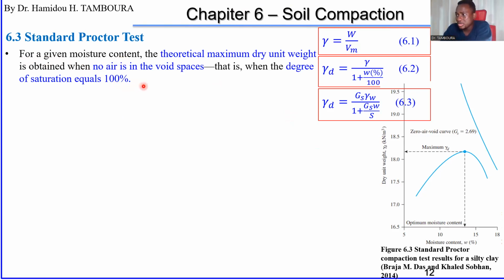What does it mean exactly? When you add a small amount of water, the water is going to occupy some void in the soil. Then the water will just play the role of lubrication. And then you have to reduce as much as possible the voids that are not occupied by the water by doing the compaction.